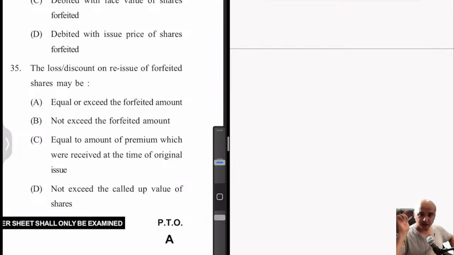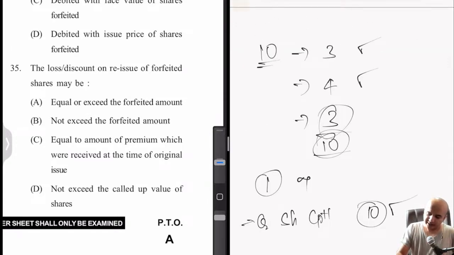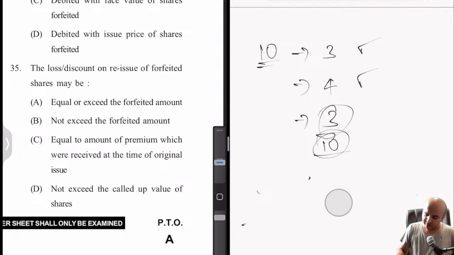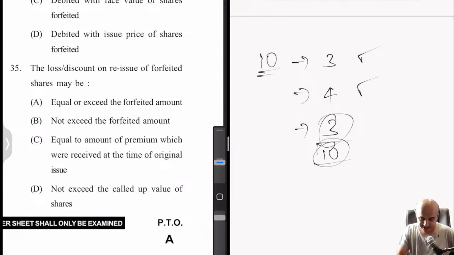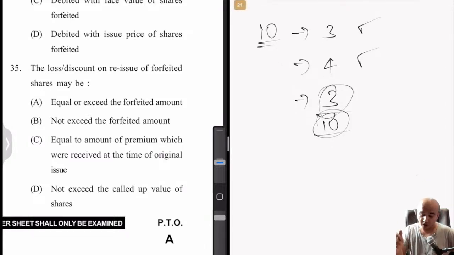Let me give you an example, then it will be easy to understand. Let's take the same example, because we have already discussed this. The share price is 10, application is 3, allotment is 4, first and final call 3. He has only paid 7 rupees. The called up portion is 10, but the paid up portion is 7.